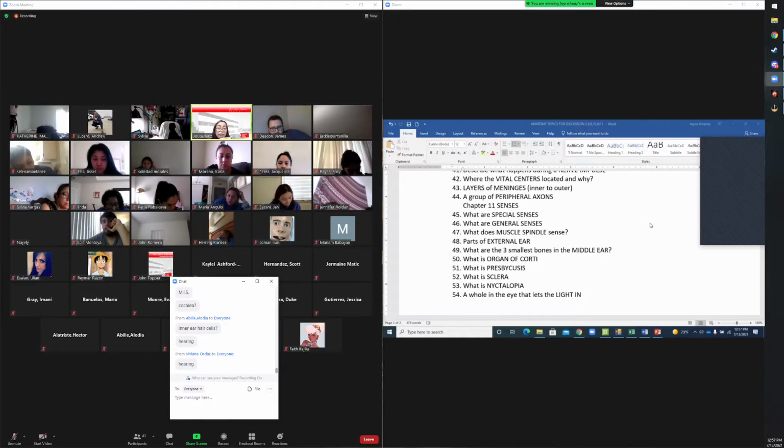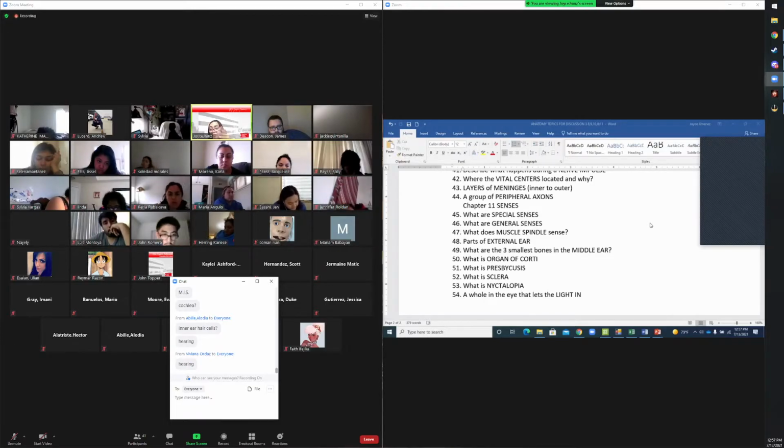When there's a stimulus, the hair will move, sending the message to your cochlear nerve, and then that message will be transmitted to the brain, and the brain will interpret, oh yes, that is Snoop Dogg singing. Same as your vestibular. There are hair cells there, and fluid that moves, so it will be stimulated. That stimulation will travel to the vestibular nerve.